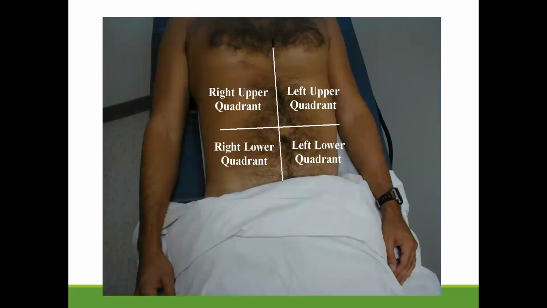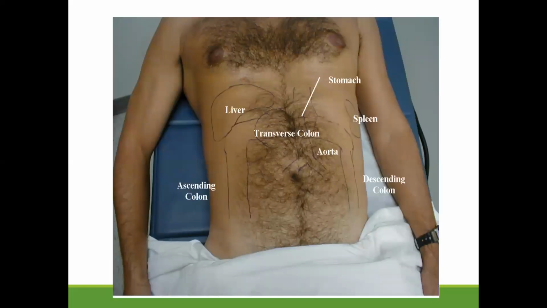Again, know what's in each quadrant. Some overlap, that's okay. But just picture your ascending colon, your transverse colon, and then your descending colon. That's why we listen right lower quadrant, right upper quadrant, left upper, left lower. That way we follow the GI system along.